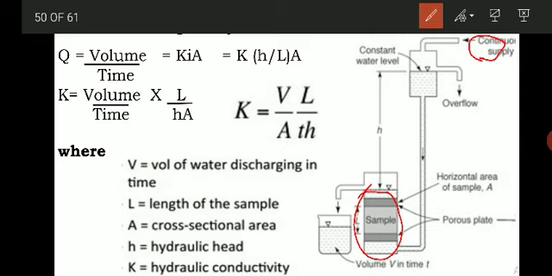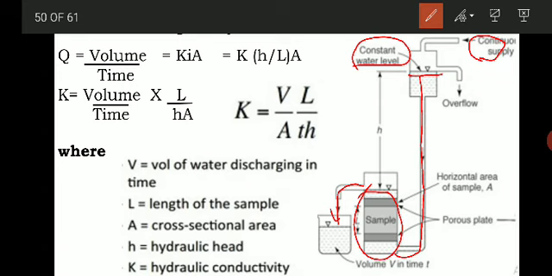There is a continuous supply of water, and there will be discharge of water from the other end. So here the constant level of water is maintained in this tank, right?